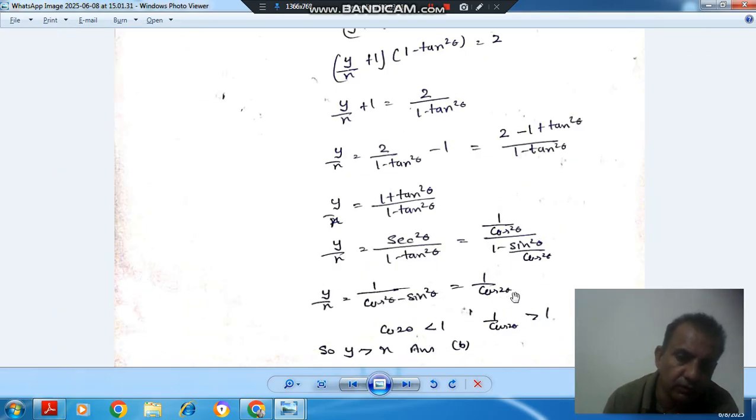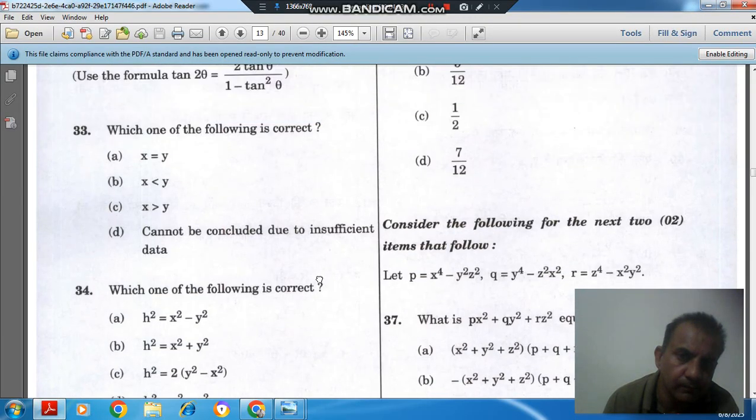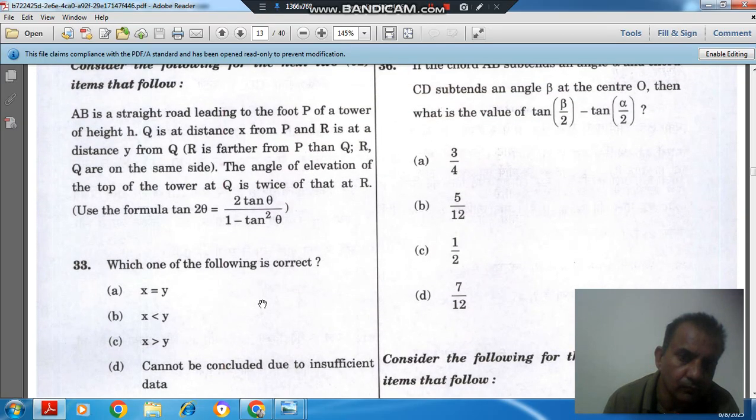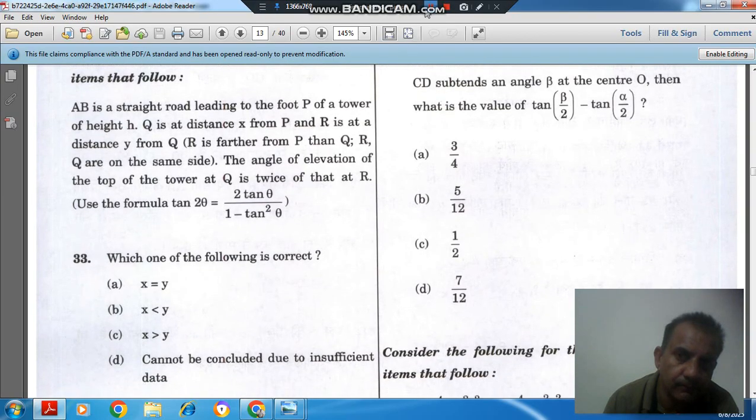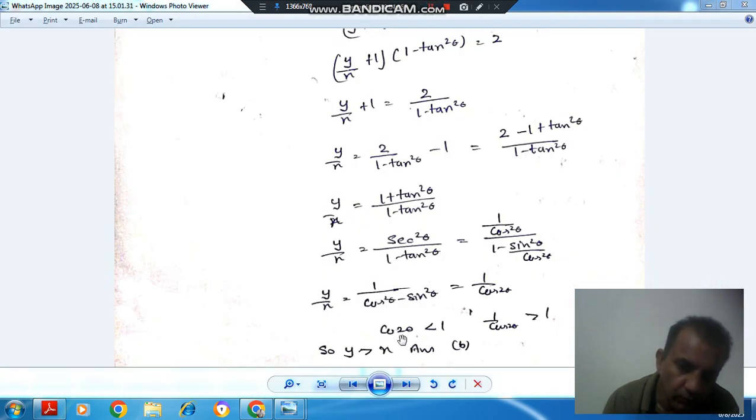And the value of cos θ is always less than 1. The maximum value is 1. So this 1 by cos θ will be greater than 1, so y will be greater than x. So the answer is option B. Because θ cannot be 0, that's why the value of cos θ will be less than 1.